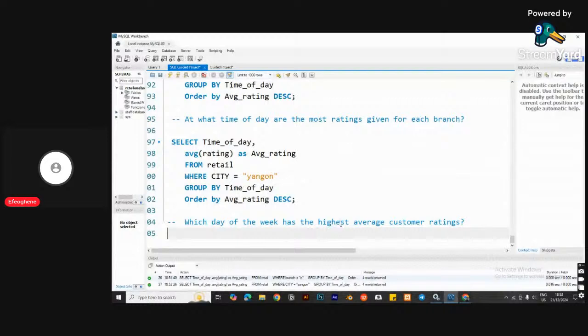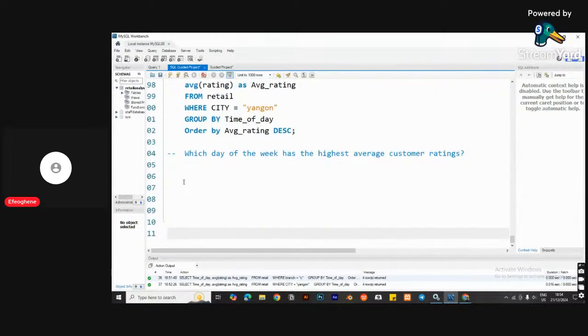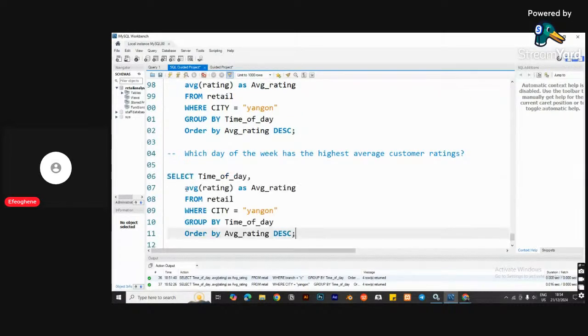So which day of the week has the highest average customer rating? We'll copy this. So we select weekday. That's the name of our column here.